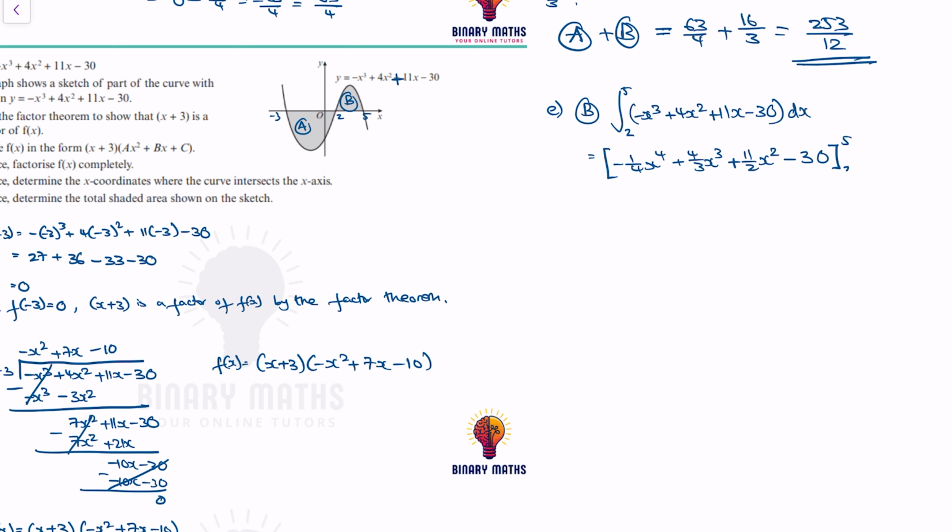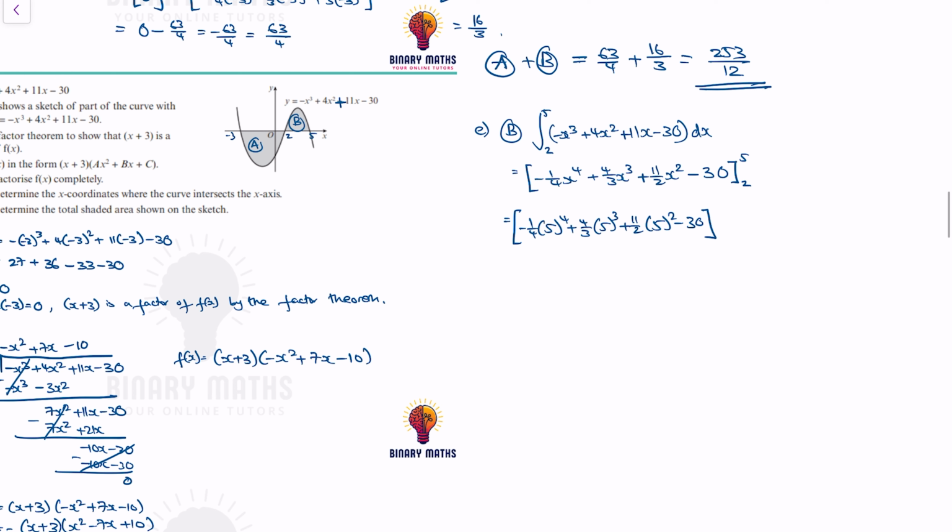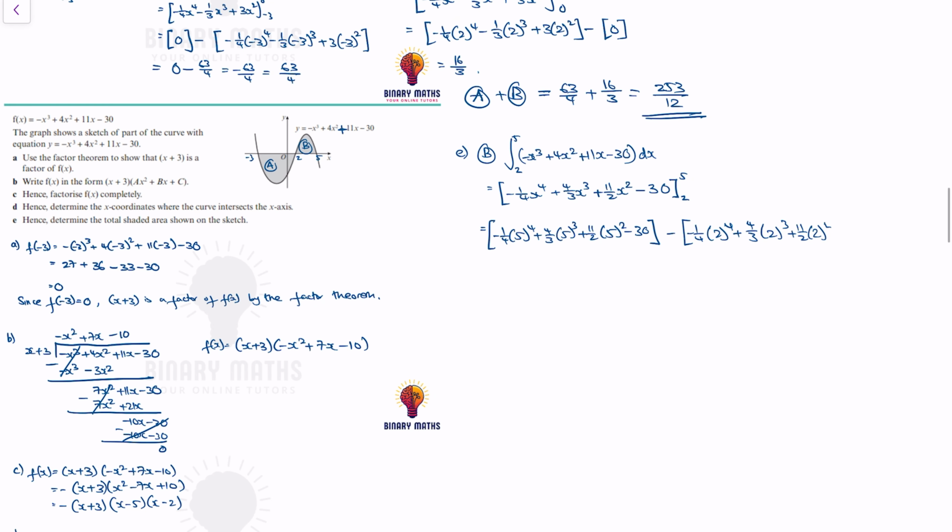So substituting in 5 first and then 2. When I do this, I get minus a quarter times 5 to the power of 4 plus 4 over 3 times 5 cubed plus 11 over 2 times 5 squared, take away 30. And then I need to substitute in 2. So minus a quarter times 2 to the power of 4 plus 4 over 3 times 2 to the power of 3 plus 11 over 2 times 2 squared, take away 30.